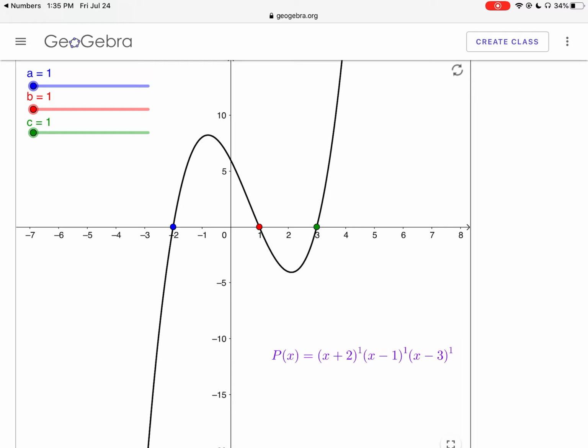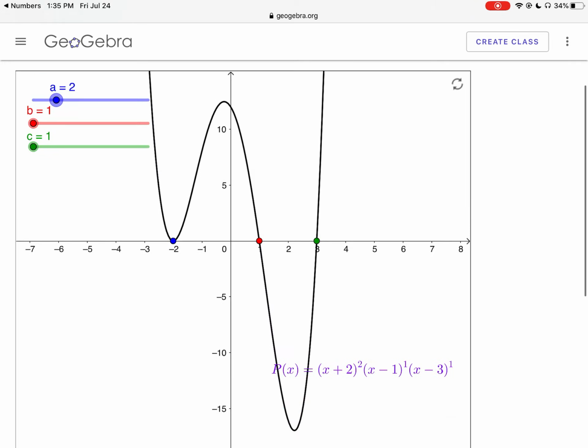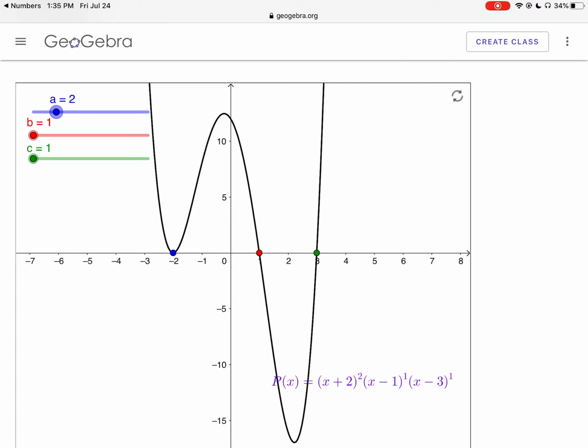So let's change it so that the power on x + 2 is 2, okay? Notice how that affects the behavior of the curve at x = -2. Now that the multiplicity is 2, the curve is touching and turning right back around at -2.